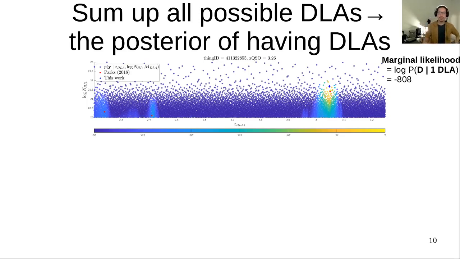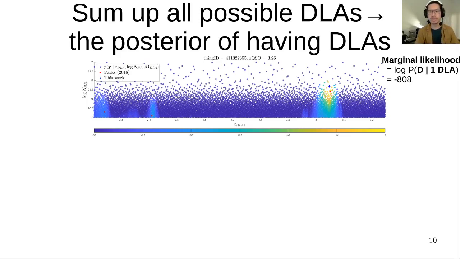So here the plots show you the prior volume in the parameter space. The x-axis is the redshift of the DLA. The y-axis is the log column density of DLAs, and the color shows the probability.